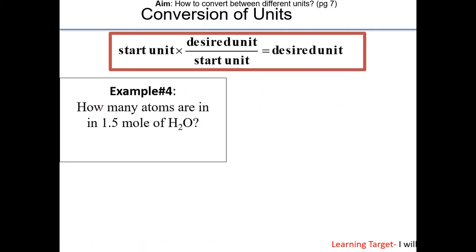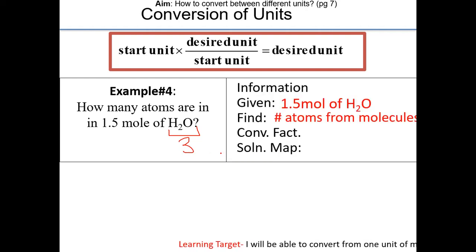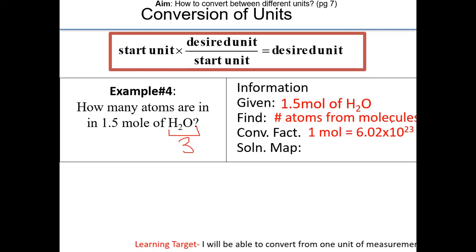So it's asking for how many atoms are in 1.5 mole of water. So if we have 1 molecule of water, how many atoms is that? So we have 2 hydrogens and 1 oxygen. That'll be 3 atoms, okay? So here we want to go from number of molecules to atoms because we already solved for the molecules in the previous question, okay?